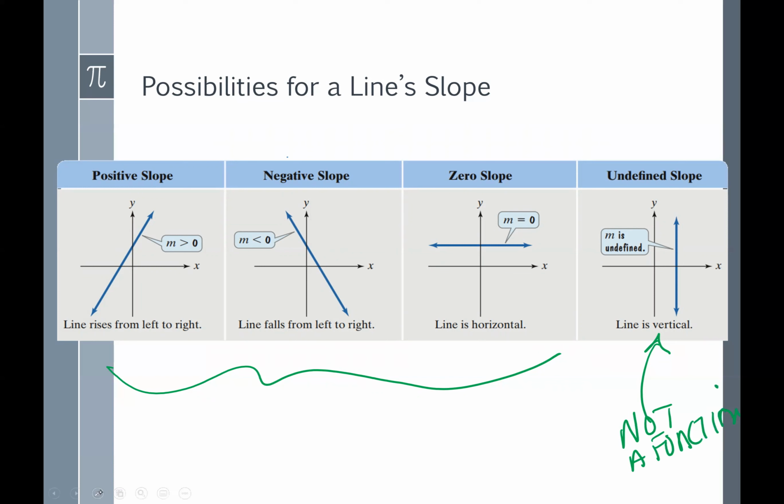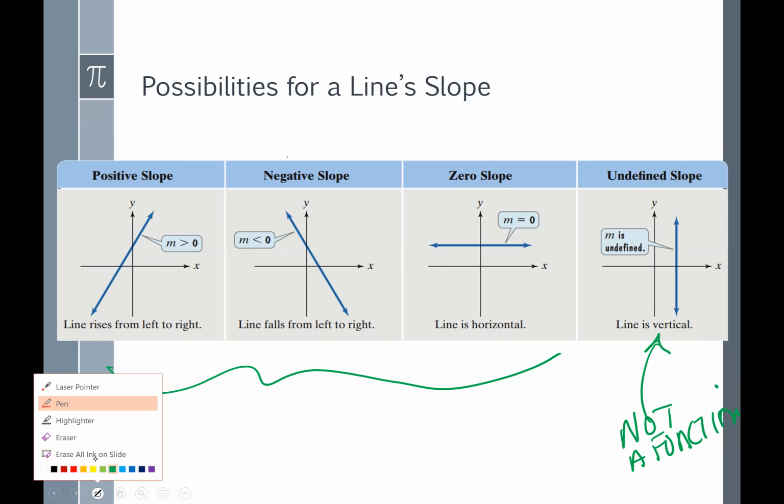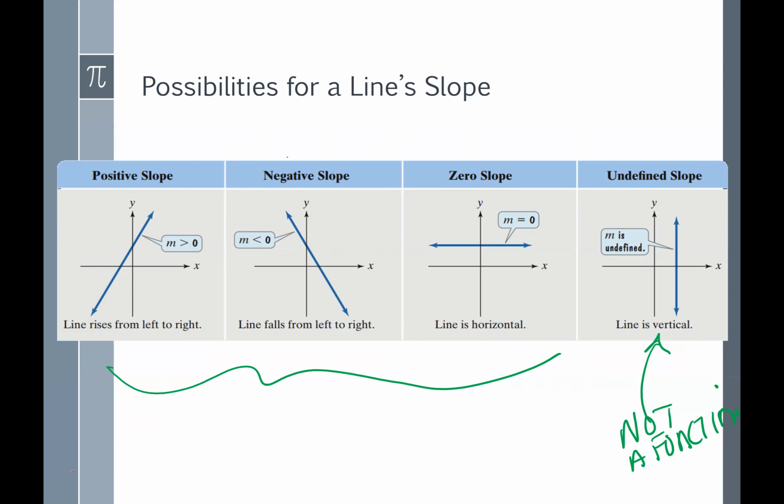All right, so the first graph of a linear function has a slope that's positive. If it slants upward, as x gets bigger, y gets bigger, then its slope is positive. If it slants downward, as in the second graph, as x gets bigger, y is getting smaller, then its slope is negative. A horizontal line is a function, a constant function, and its slope is 0.